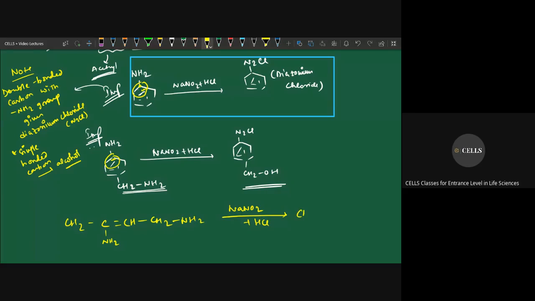This will be CH2=CH-N2Cl because there is a double bonded carbon. Then CH=CH-CH2OH because this is a single bonded carbon, while the other is a double bonded carbon. Very good.